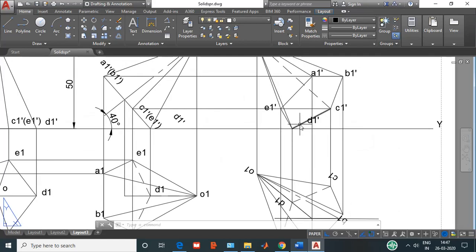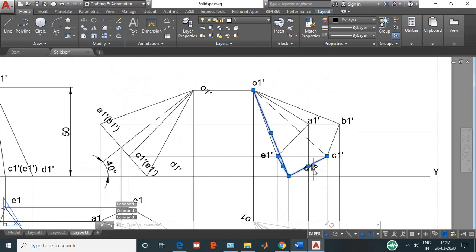This line, this line, and this line. These are the three lines going from D1 dash. Now D1 dash to C1 dash and D1 dash to E1 dash are outer boundary. They cannot be hidden. So the only possibility is this line D1 dash to O1 dash, which has to be hidden. So now you can see that one of the lines is hidden, one of the lines is visible.